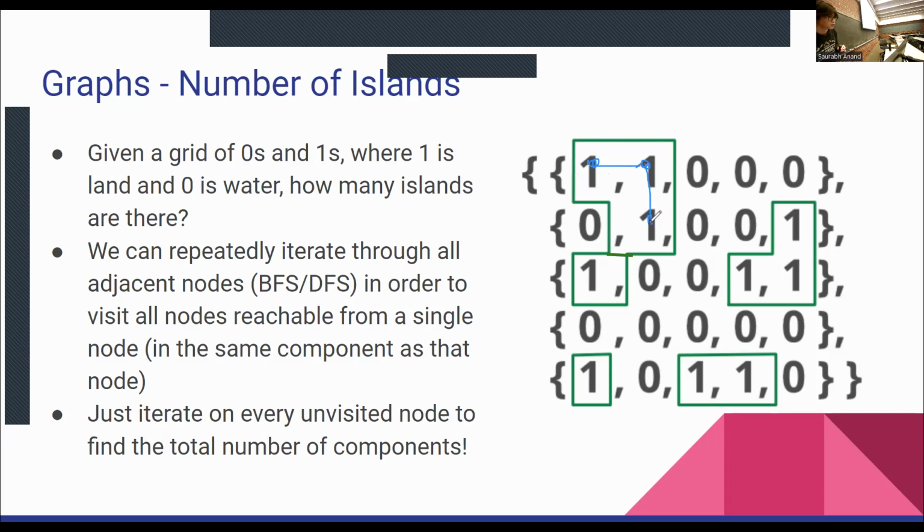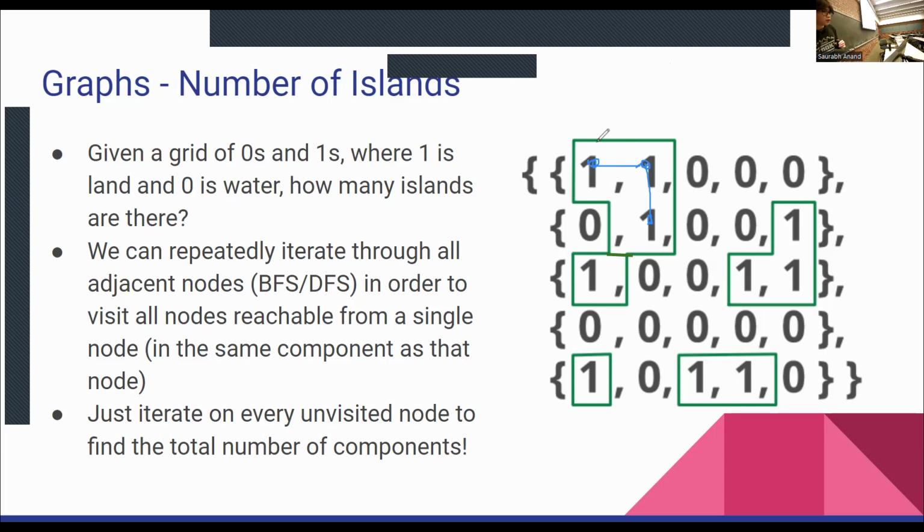Yeah, there's this one. We mark it, and then there are no more ones adjacent horizontally or vertically. This diagonal one, we're not allowed to travel diagonally. Now we've marked all those nodes as visited, and we increment a counter when we first visit the first one. That means we found one island and we've explored the entire island.